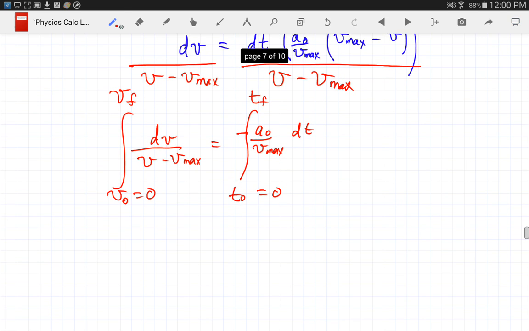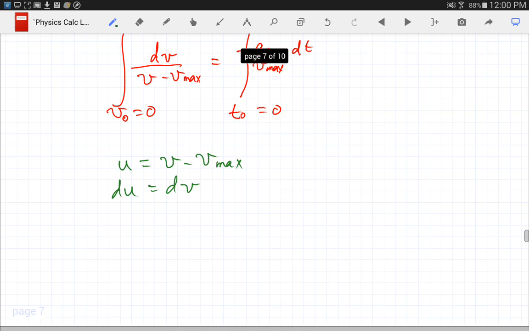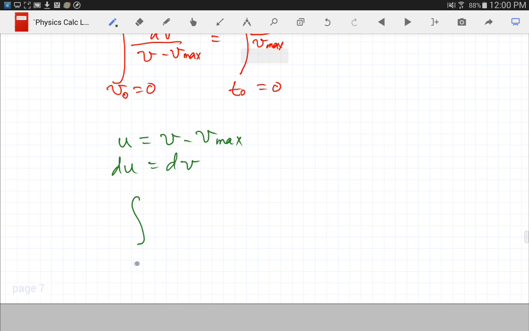Now, I said I'm going to do a u substitution, so I will make the substitution that u is equal to v minus vmax. So du is equal to dv. And I have the integral from u0 to u final. I'm not even going to put what they're equal to right now. It's just easier to put it back in later.